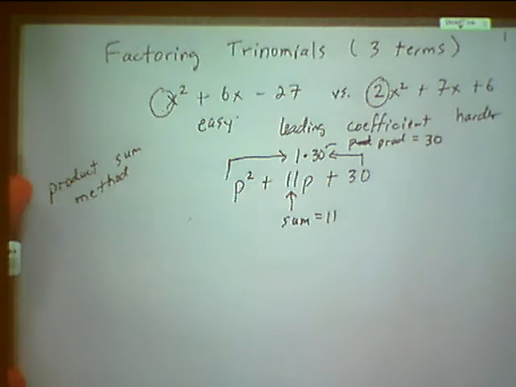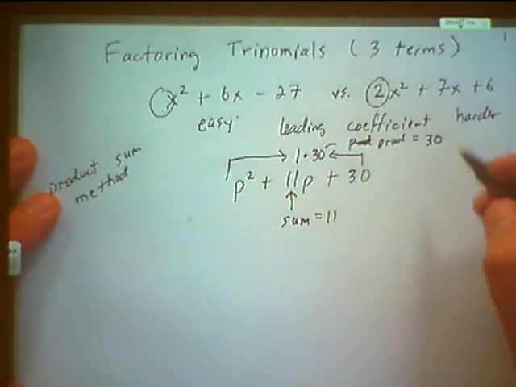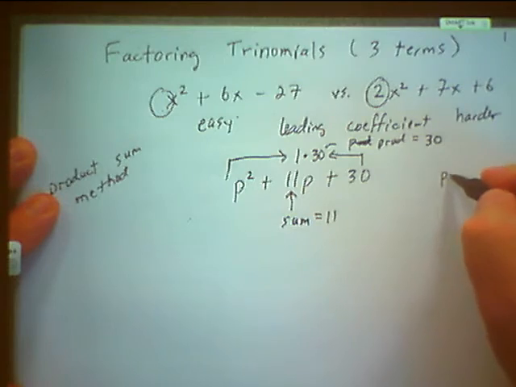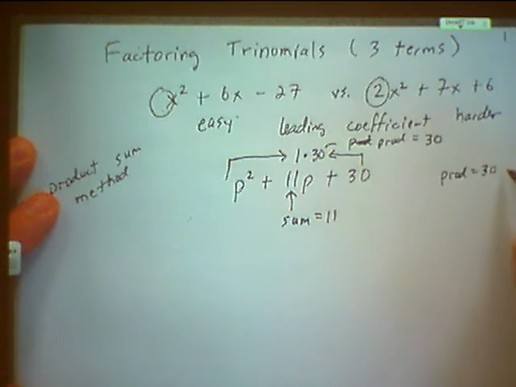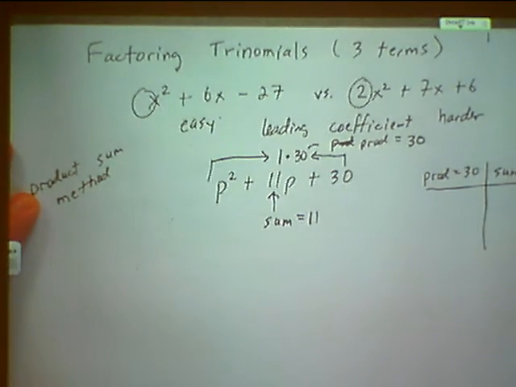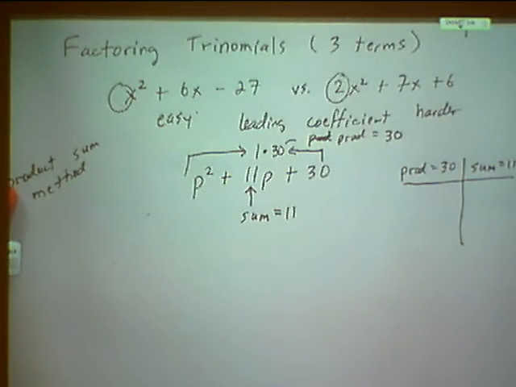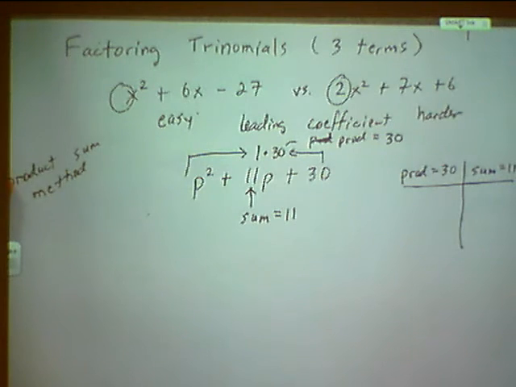So for this trinomial, my sum is 11. So here's what I'm going to do. I'm going to go off to the side. I'll make a little table. I'm going to write down my product is going to be 30. My sum is going to be 11. And here's the idea. I've got to think of two numbers.